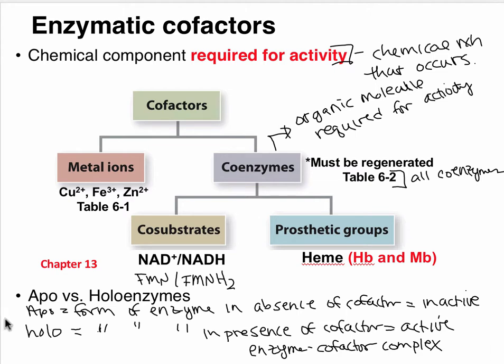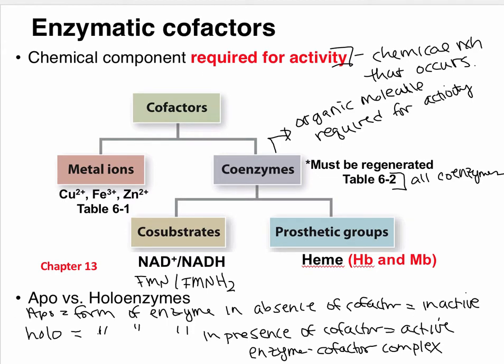This inactivated form of your protein is termed APO. When it's in the presence of its cofactor and you have an enzyme cofactor complex, that term is called HOLO. So the protein is whole, it's active, you have all the cofactors necessary, and it's doing the chemistry that you want. So we'll use these terms APO versus HOLO throughout the semester, and make sure you are familiar with the difference in the two of them.